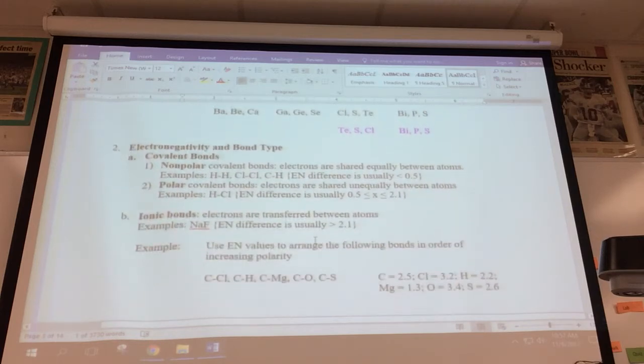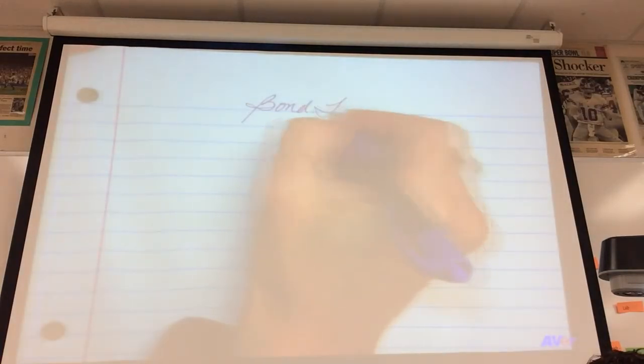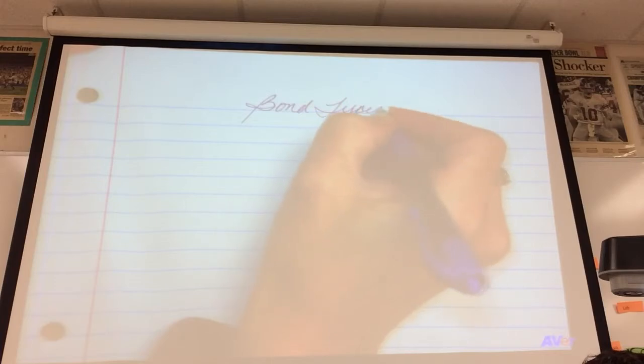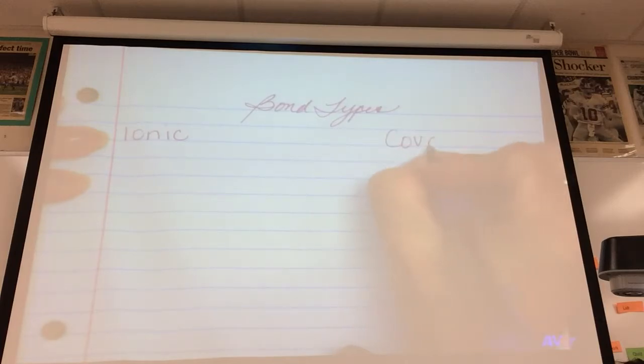The other thing I want to remind you of are some bond types, and I've got a really good Pogil packet on this that goes into it in great detail that I think will help you greatly. When you're considering bond types, we've got ionic and we've got covalent.